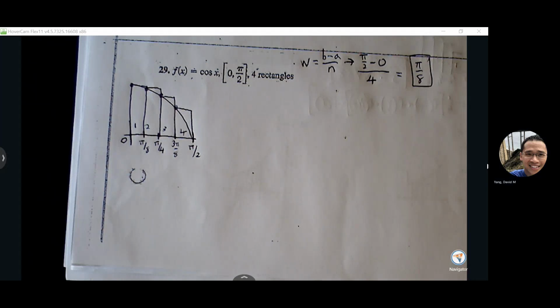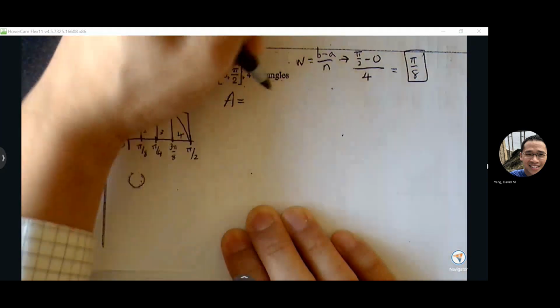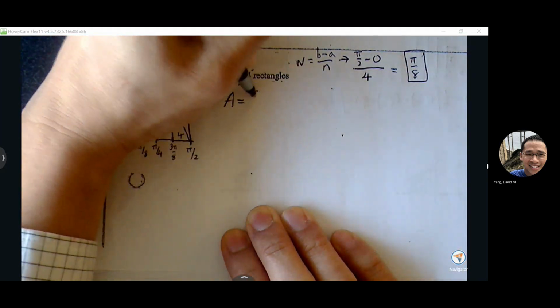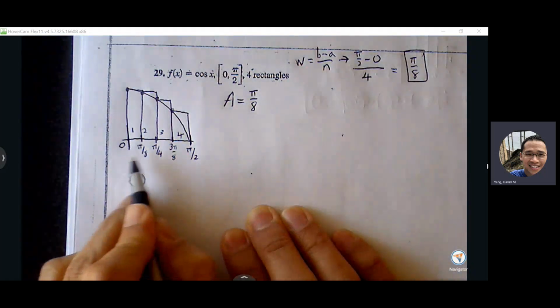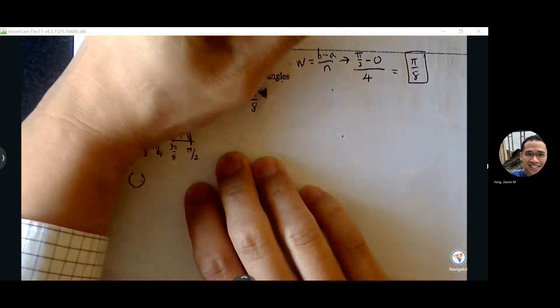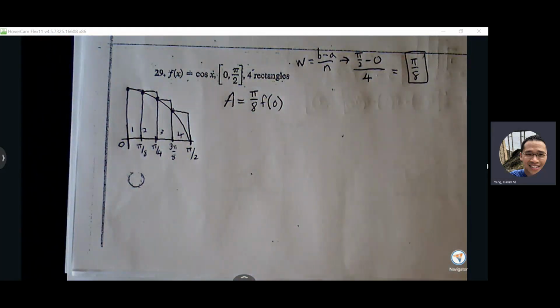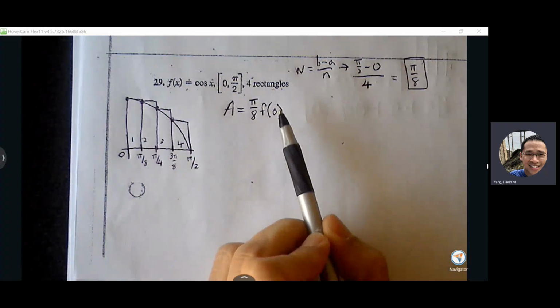Then if I want to find the area, the width of my first rectangle is pi over 8. The height of my first rectangle is f of 0. And f of 0 just represents how I'm going to find the height. It's not the actual height value, but it tells us how to do it.